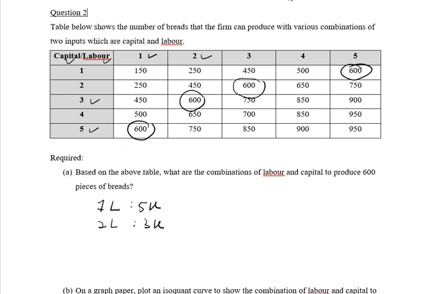And then here you have 3 labor and 2 capital. And then here you have 5 labor and 1 capital. So you have 4 different combinations of labor and capital that the producer can use to produce 600 pieces of bread.